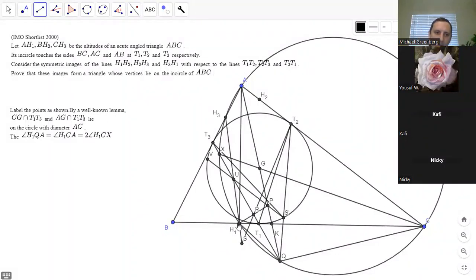So therefore HR equals HP. And therefore, we want to show that this is an angle bisector. So we know that this one is an angle bisector, and we want to show that UQ bisects H1U S prime.